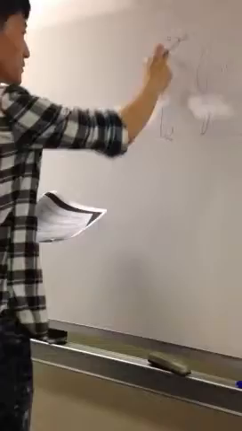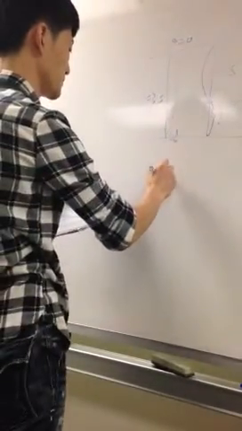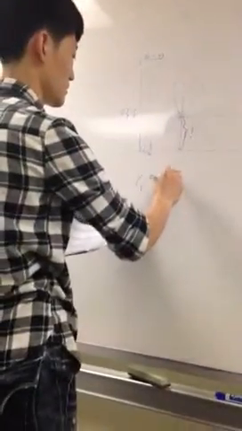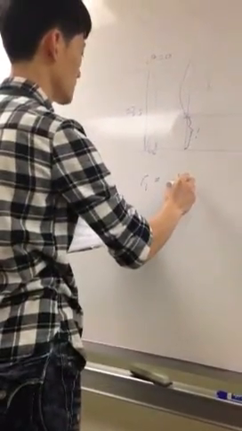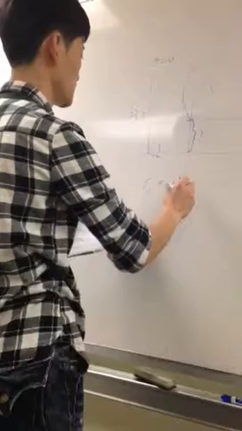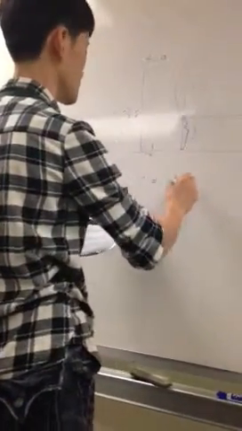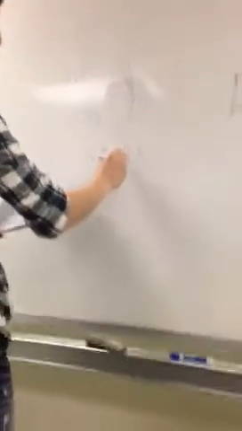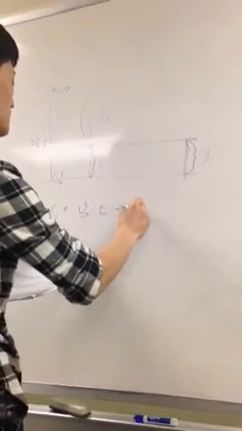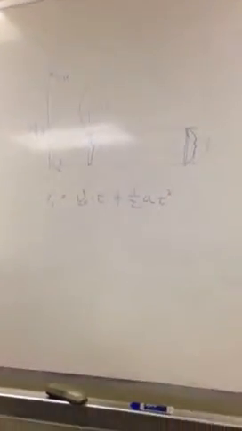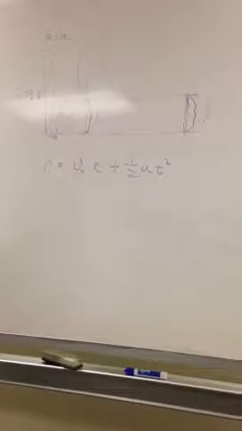So here, the distance r1 will be the initial velocity times the time plus... is that right? Mm-hmm.